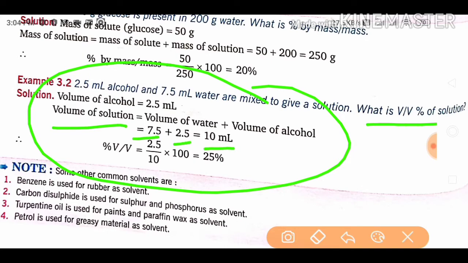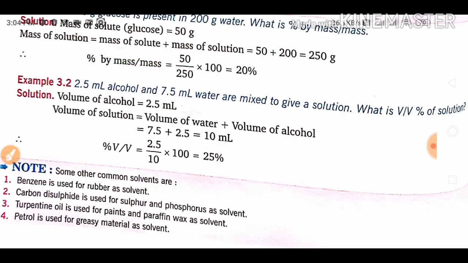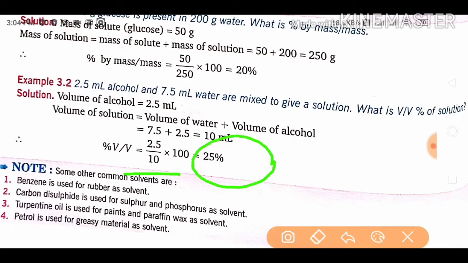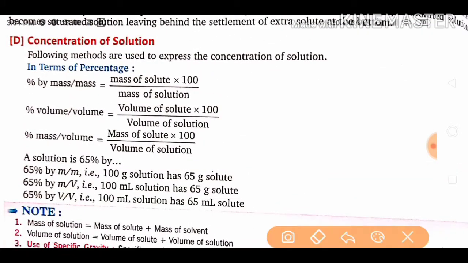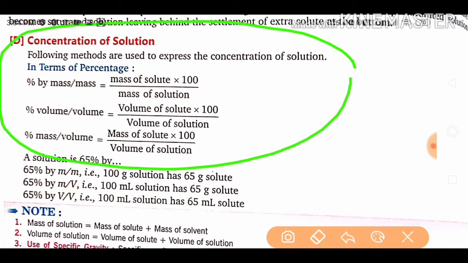Now we calculate easily: 2.5 upon 10 into 100, that is 25%. So you have to learn these formulas of concentration of solution. If asked in the exam, you can easily calculate them.